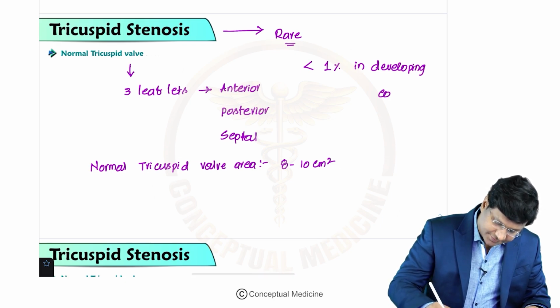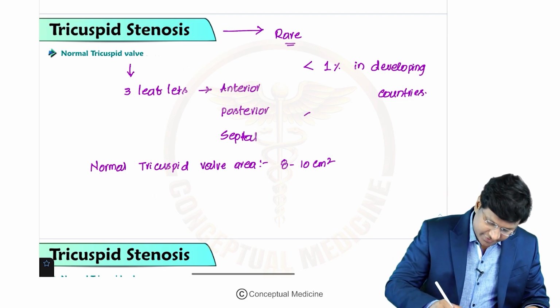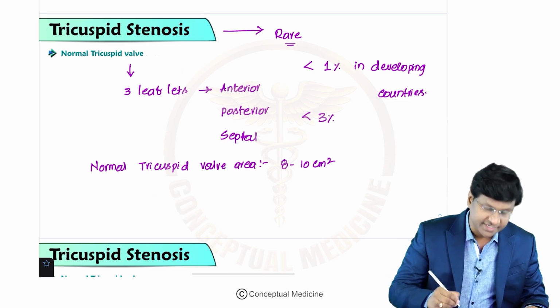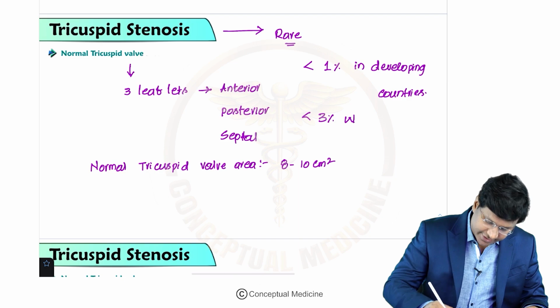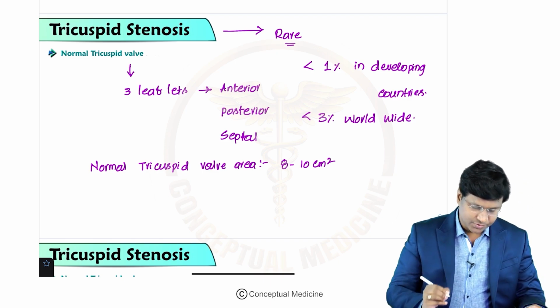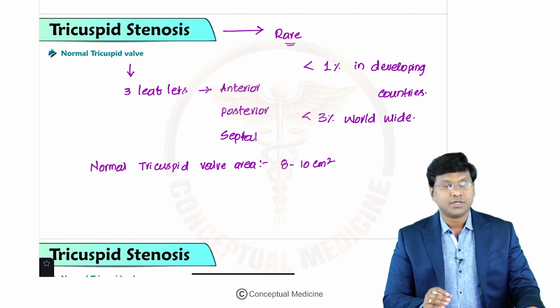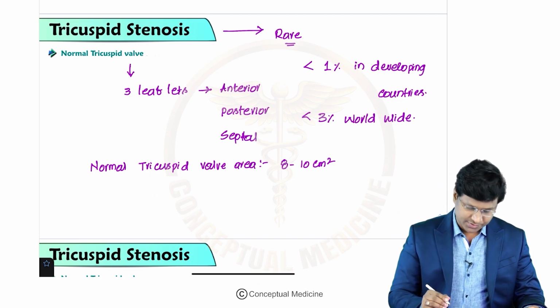Whereas worldwide, tricuspid stenosis constitutes less than 3%. So that is about the tricuspid valve as well as the incidence of tricuspid stenosis.